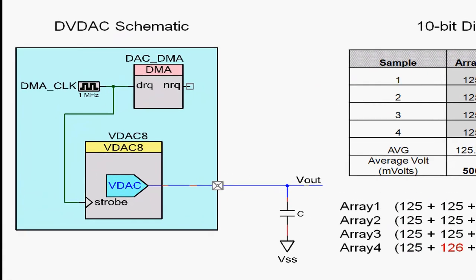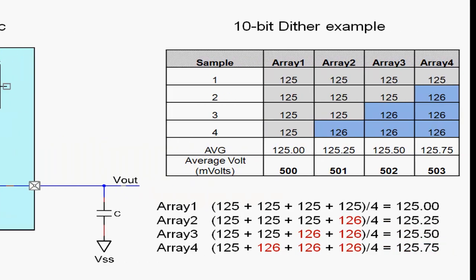The figure on the left shows the schematic of how this type of DAC is realized in a PSoC3 or 5. The table on the right shows a couple examples of dithering the output value. Normally, if the voltage DAC is set to a 1 volt range, each step would be 4 millivolts. That's 1.024 volts divided by 256. In this example, a 4-element dither array is created for a 10-bit DAC. The values of this array are consecutively written out to the voltage DAC over and over.